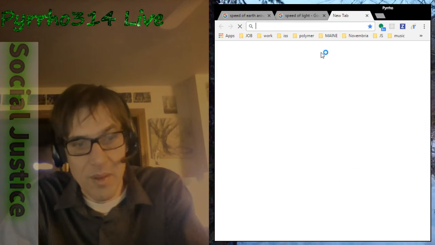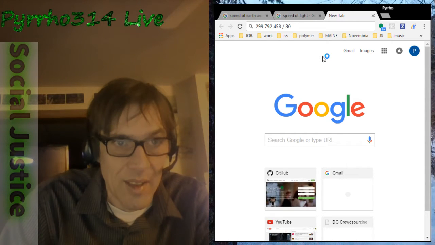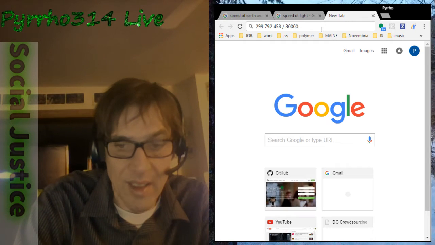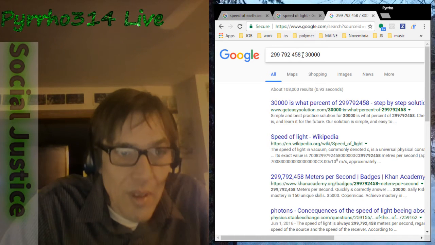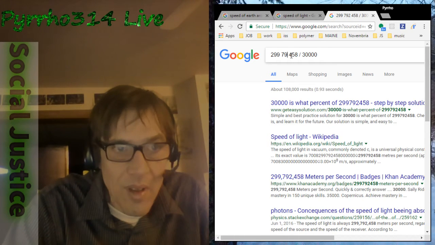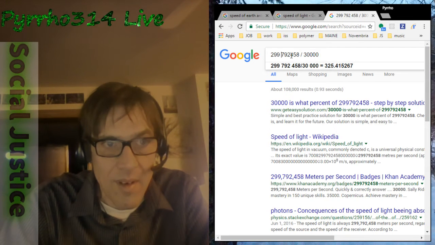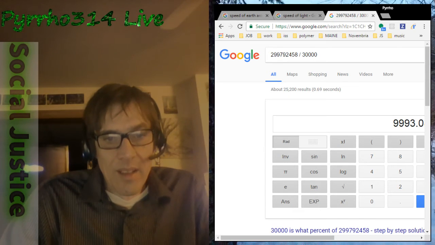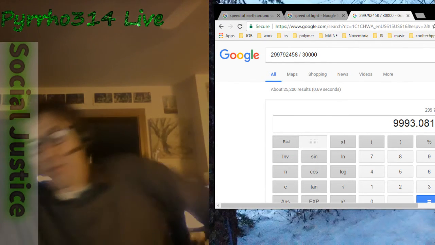So this number divided by 30,000 to get the fraction of the speed of light. This is live math there. So it's 1/10,000th, right? 1/10,000th, just to round it.